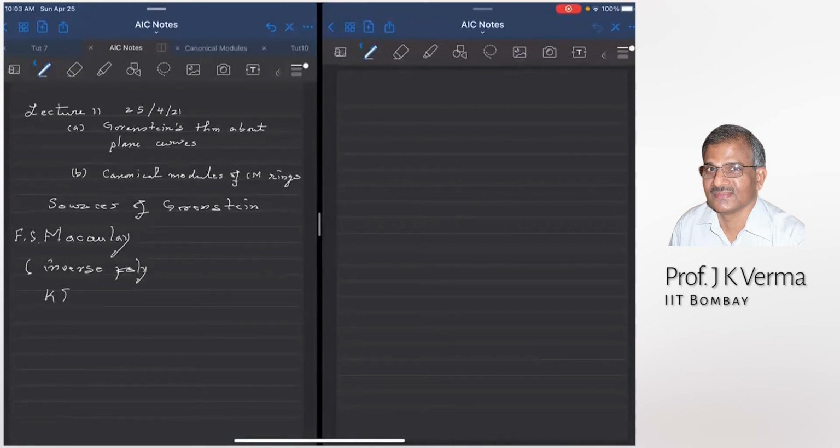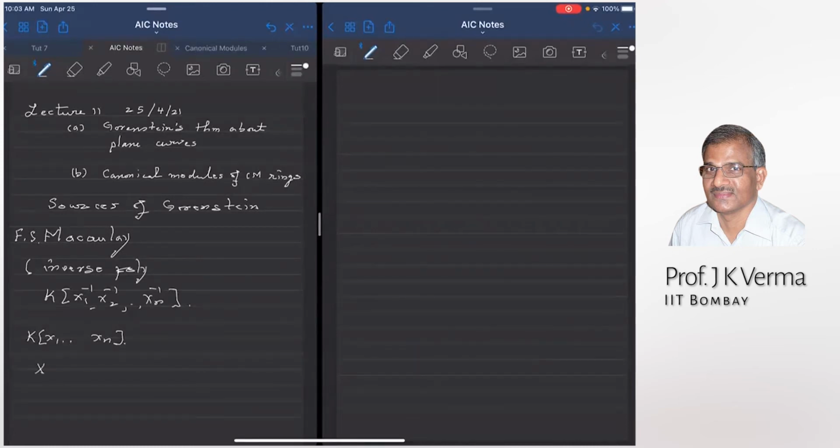That is, the ring in x1 inverse, x2 inverse, ..., xn inverse. And there is an action of this ring on the polynomial ring. So it's enough to say what is the product of monomials.